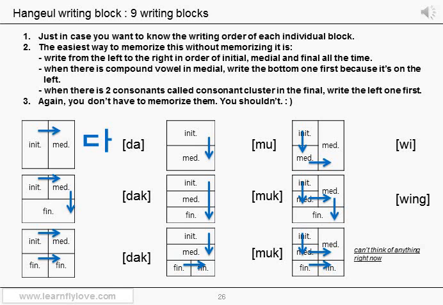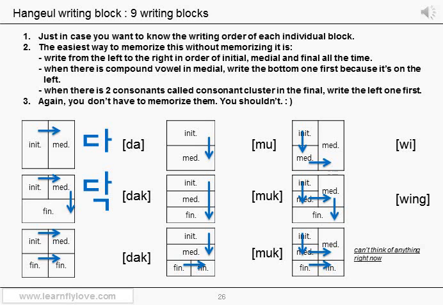But we already told you that you can think that K consonant still sounds K consonant like G when it comes as a final. Anyway, initial consonant first and the vertically drawn vowel on the right, and then the final K consonant on the bottom.